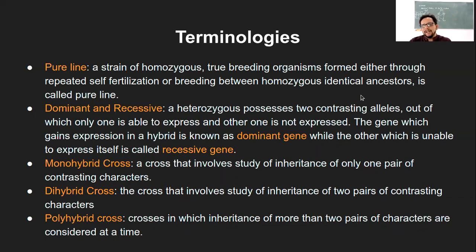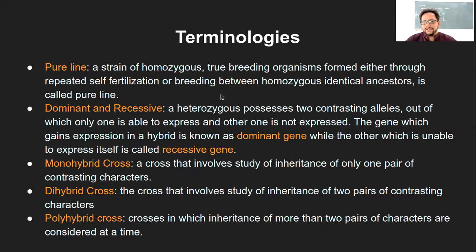That is the true breeding organism, and it is formed either through repeated self-fertilization or breeding between homozygous identical ancestors. That is, if we cross or breed ancestors that are homozygous, it will create a pure line.